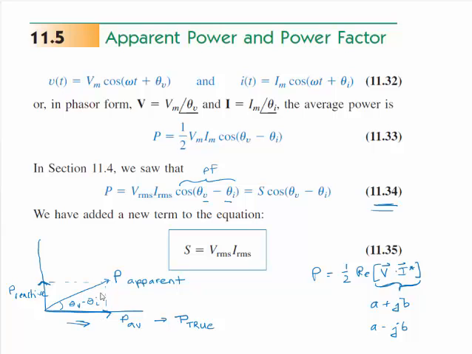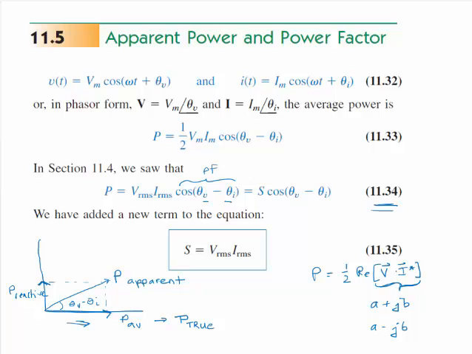If this cosine, if this power factor comes out to be positive, power apparent is leading power average. If that angle is negative, then power apparent, which will be pointing down then, is lagging power average, or power average is leading power apparent. So you just need to be clear when you answer the questions who's leading and who's lagging.